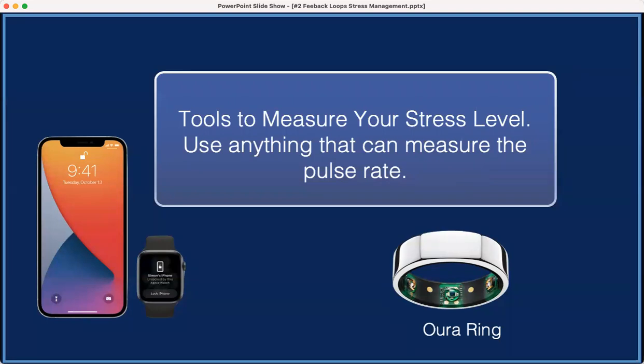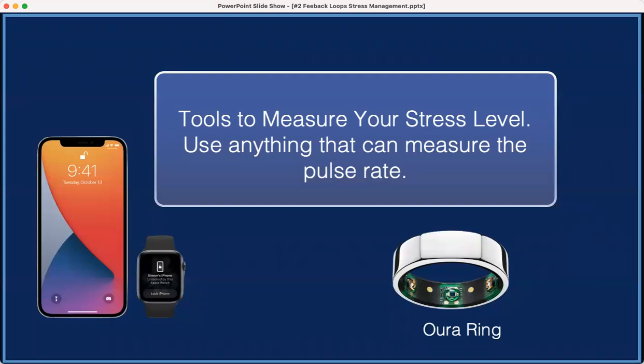All right, so you can actually measure your own stress level without needing to have your cortisol levels checked. You can do that if you have any way to measure your pulse rate continuously. If you have a smartwatch, a Garmin watch, or a Fitbit, you should be able to measure your pulse rate.